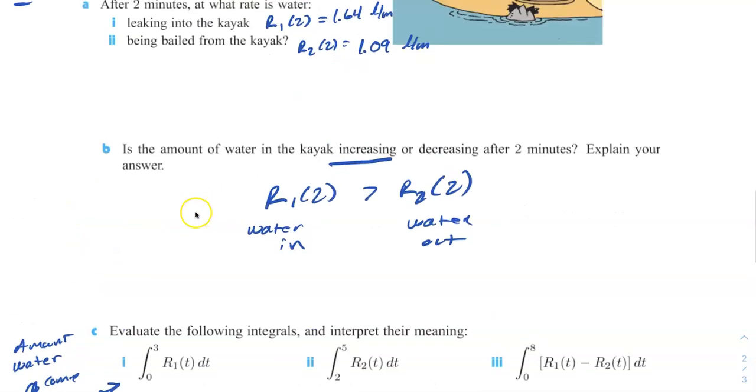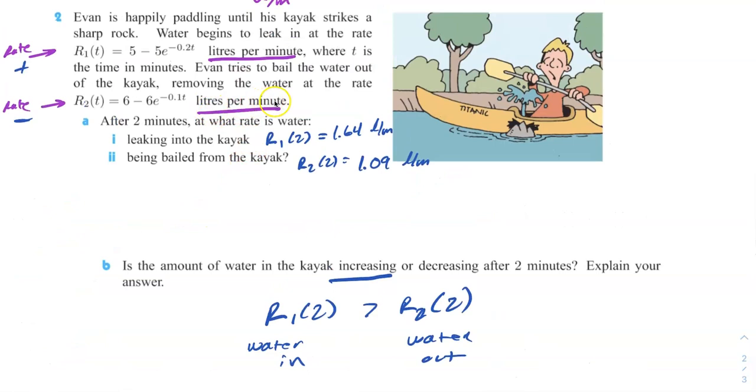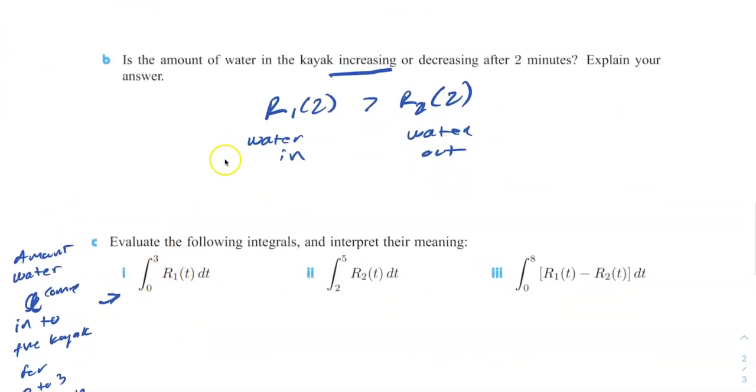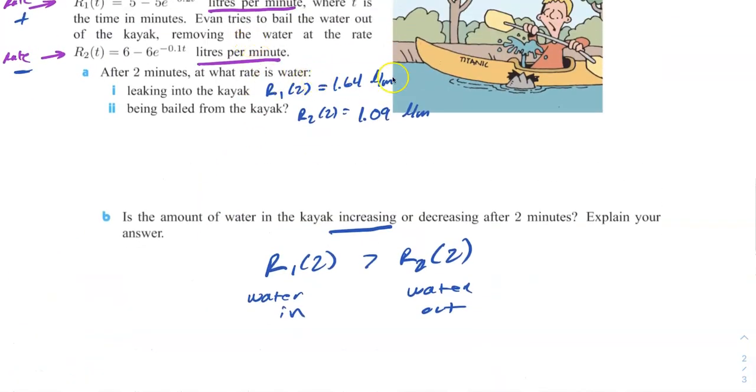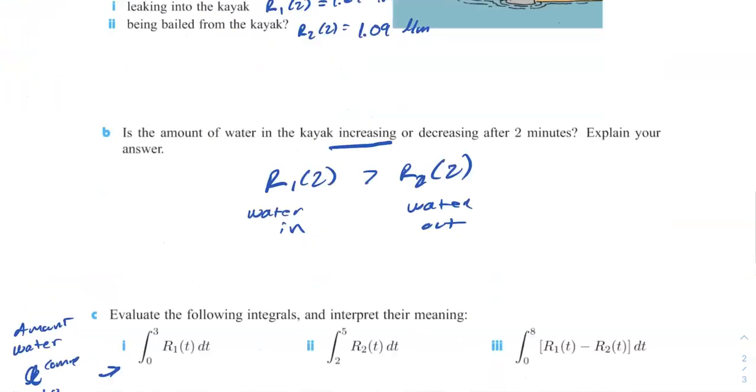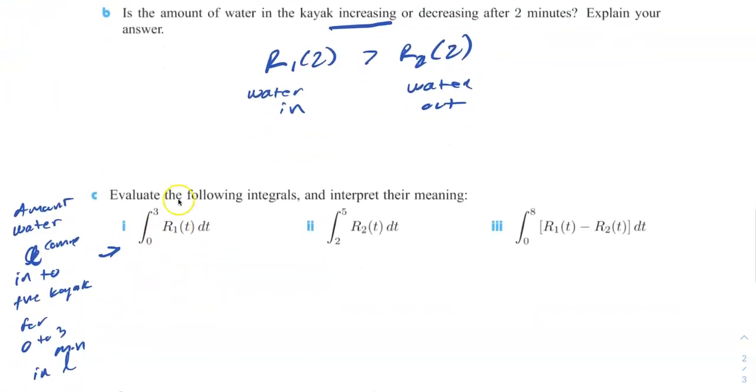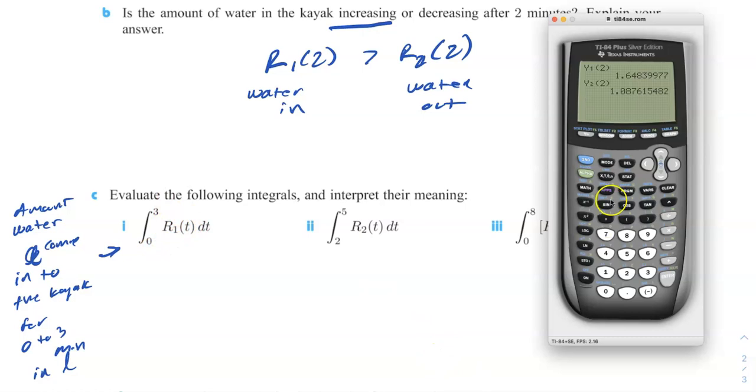Because again, what's going on here? We're in liters per minute. So we're integrating from 0 to 3. So that means we're integrating this function here, so we don't get liters per minute. We just get liters. So the total amount of liters that came into the kayak from 0 to 3 minutes. That's what's going on there. So this is water coming into the kayak, the total amount going into the kayak from there.